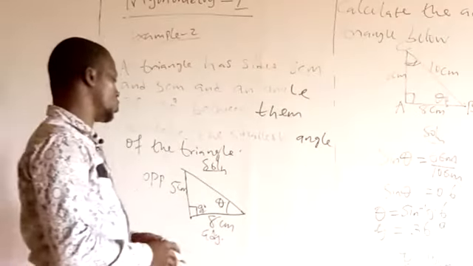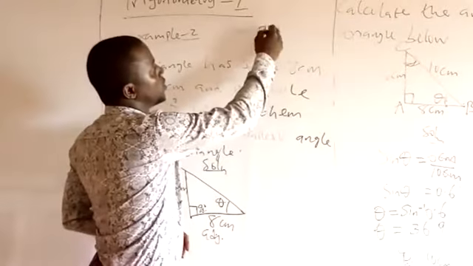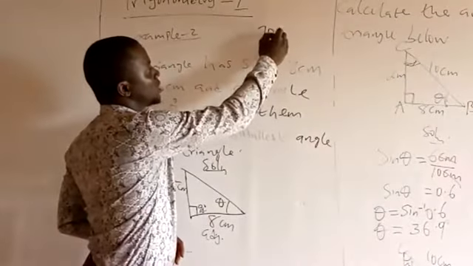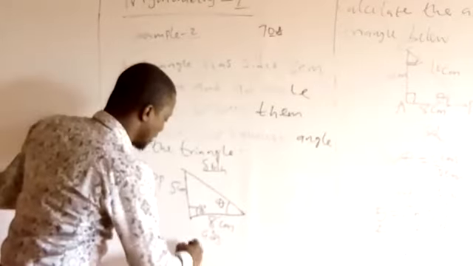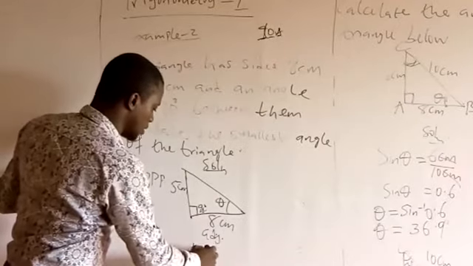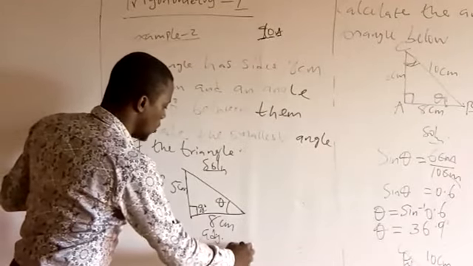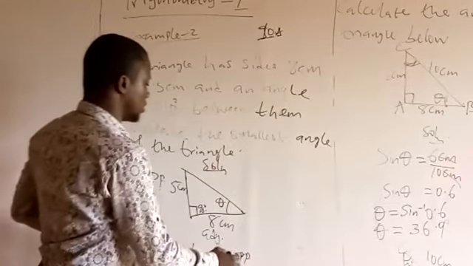Which ratio should we use? Out of SOHCAHTOA, it is TOA because it has the opposite and the adjacent. So you now say tan. So tan theta equals opposite over adjacent.